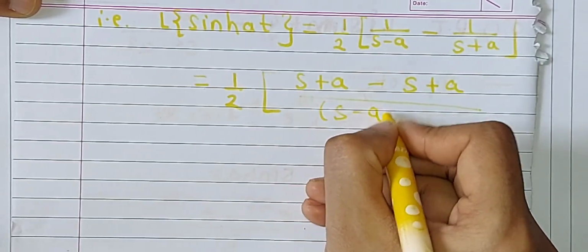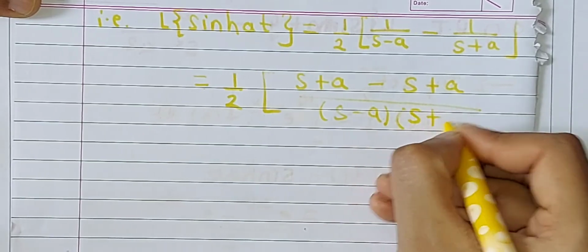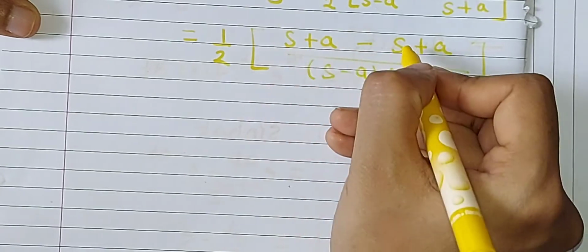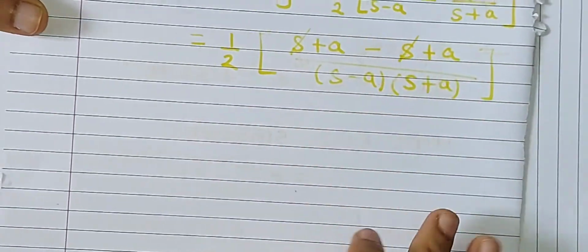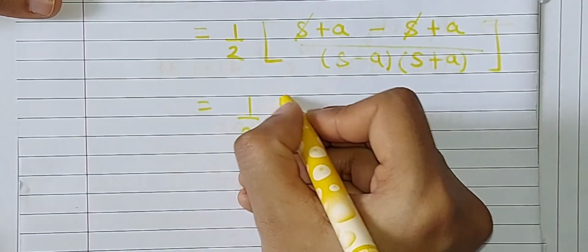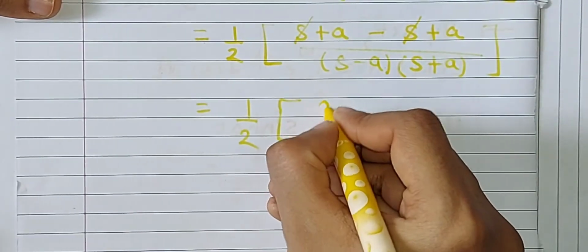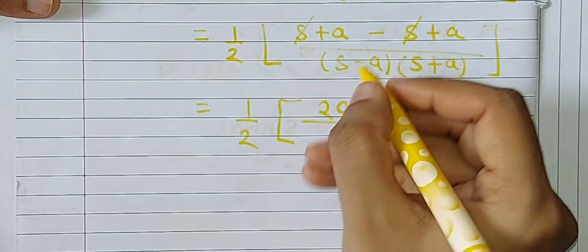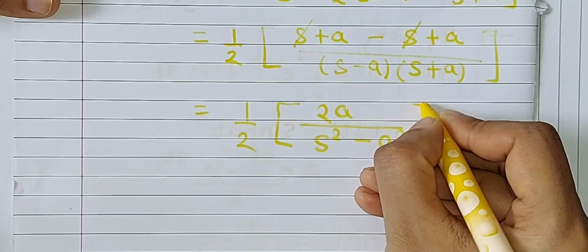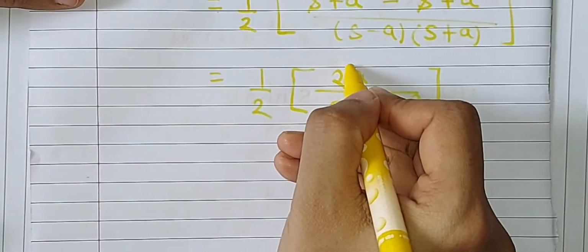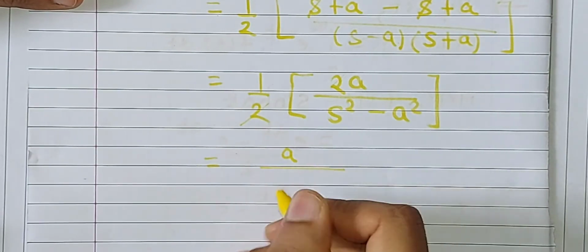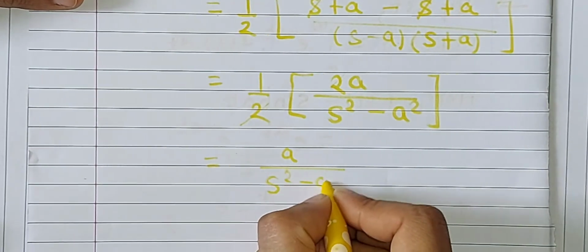Now check: this s and this minus s cancel each other, and the remaining term will be 1 by 2 into a plus a, which is 2a, divided by (s minus a) into (s plus a), which is s squared minus a squared. After cancellation of 2 and 1 by 2, we get a divided by s squared minus a squared.